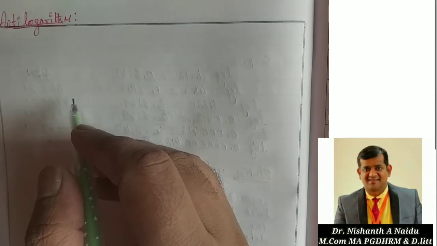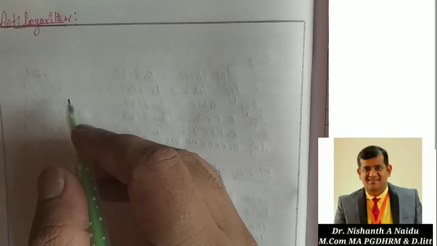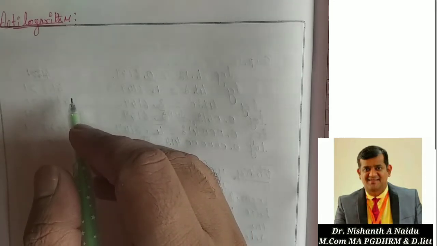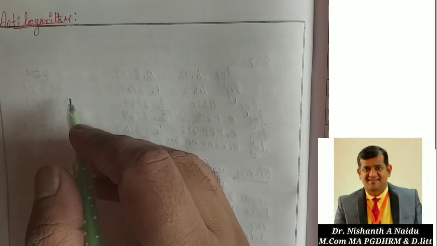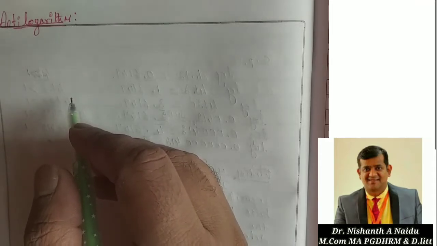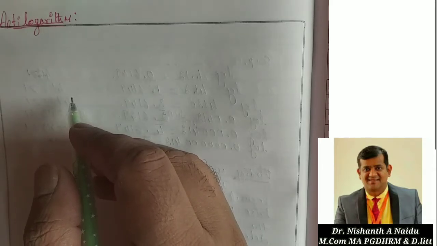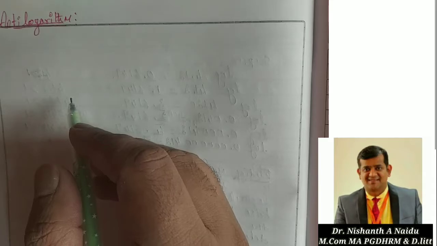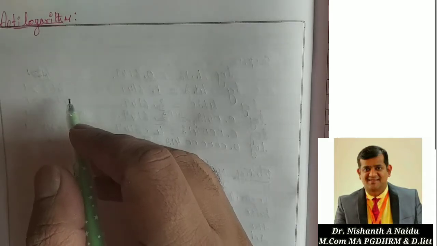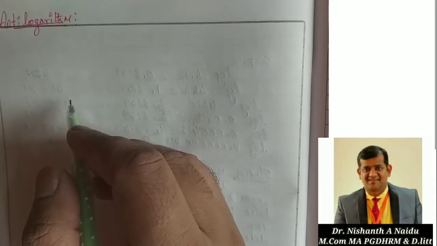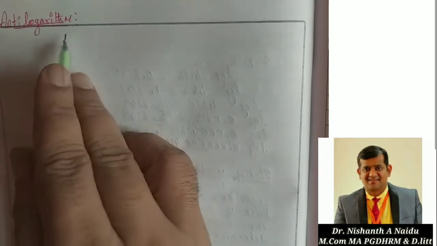Whenever you calculate anti-log, when you see the anti-log table, we have to select the mantissa part of the logarithm. That means we take into consideration only the mantissa, not the characteristic. Understood? By taking that mantissa part, we identify it in the table. That is the process of anti-logarithm.